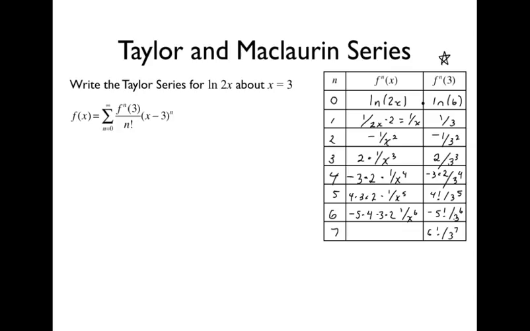So this column will form our Taylor series. So let's write out some terms. This is going to equal ln of 6, plus 1/3 over 1 factorial times x minus 3.